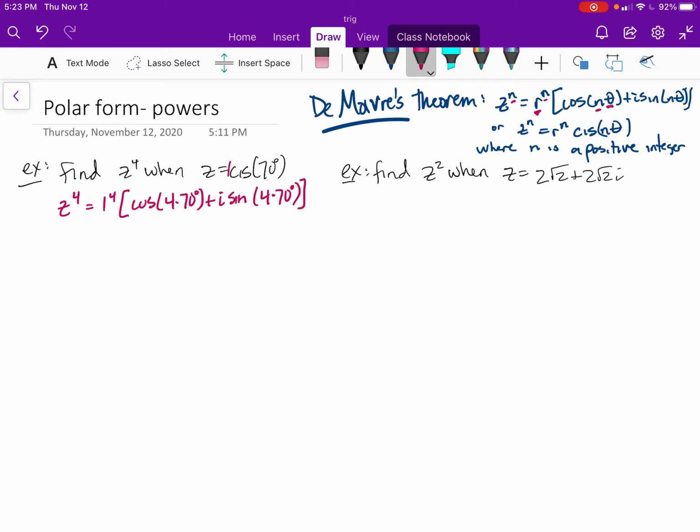And again, I'm showing the long way, but I do think many of these can just be done directly with that shorthand formula. So z to the fourth is just cosine 280 degrees plus i sine 280 degrees, or cis 280 degrees.